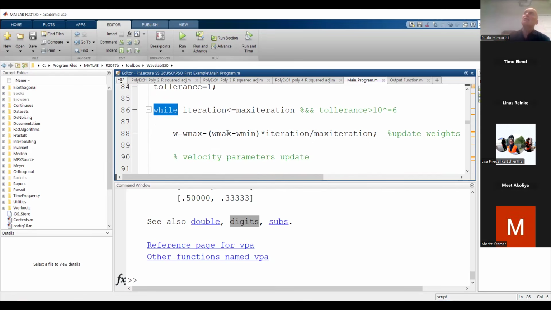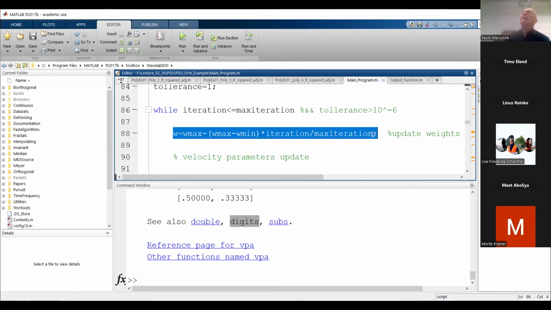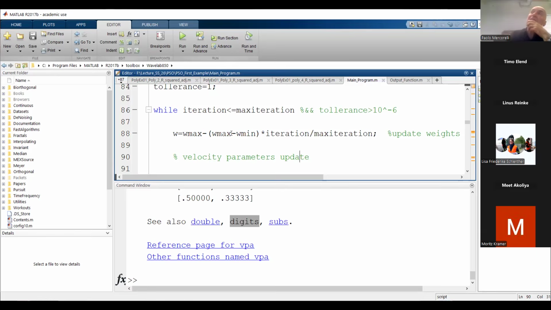Here again, as I told you last time, we have the weights of the previous velocity. We can see that I am considering here a variable weight between Vmax and Vmin as a function of the iteration. We will see this iteration will change. First iteration, second iteration, I will increase this counter until maximal iteration. We can see that for iteration very, very small, theoretically 0, we have Vmax.